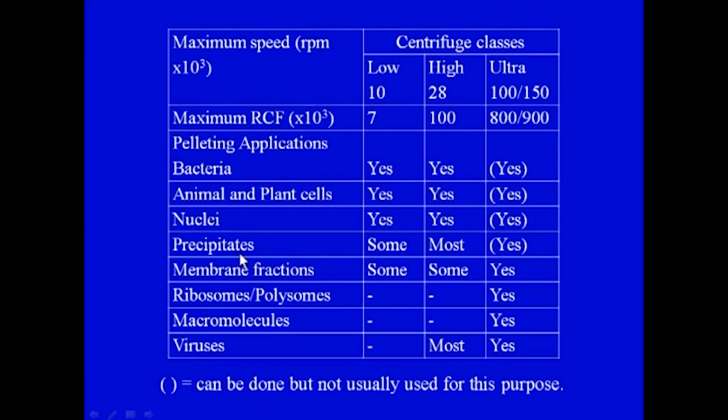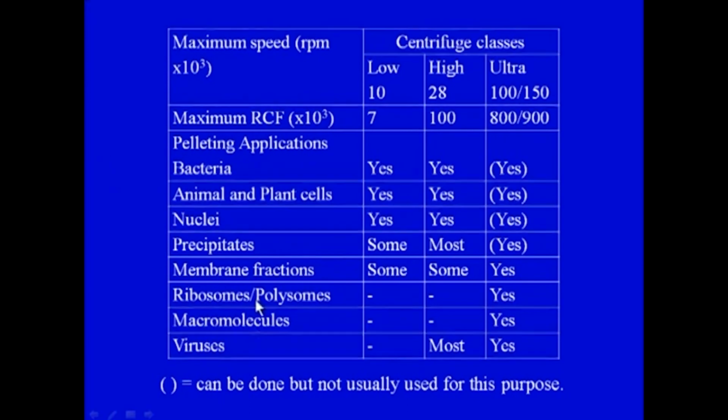Nuclei can be pelleted with any of these. For certain precipitates, high speed centrifuges are quite good, and maybe low speed is not enough. An ultracentrifuge can also be used, but it is mostly not used for this purpose; in brackets we have put that it can be done, but not usually.